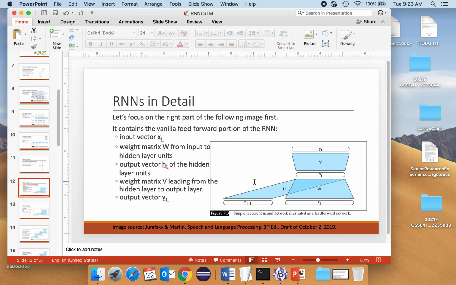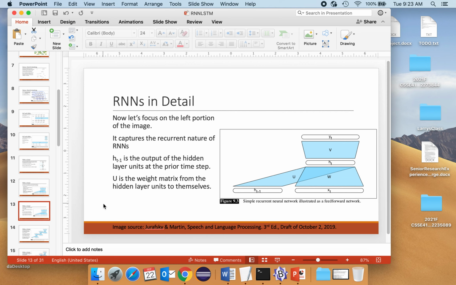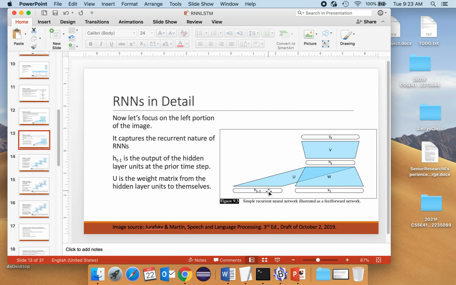Long story short, we know how to adjust V, we know how to adjust W. So now we need to talk a little bit about what to do with U, with this weight matrix, because if there's a weight matrix, there's information or knowledge, it has to be adjusted. U, again, in this particular example, is just ht to itself.